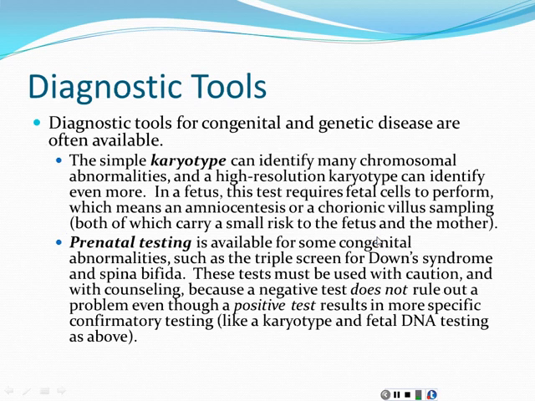So when we're looking at congenital disorders, we have a number of diagnostic tools that we can use. One of the most common that's done is a karyotype. A karyotype is literally just a high-quality picture of the chromosomes.